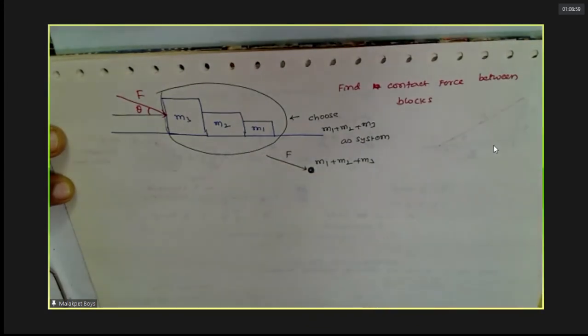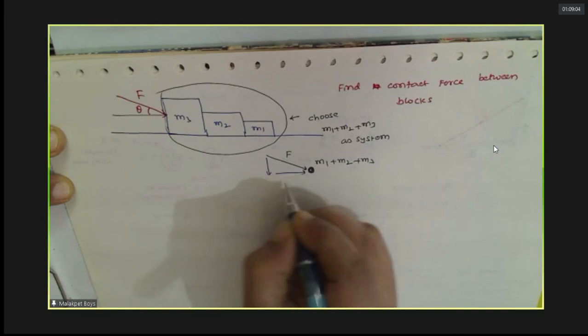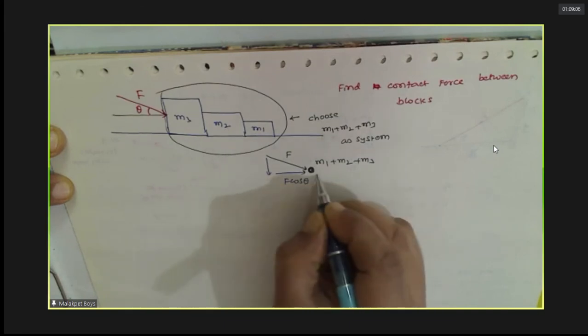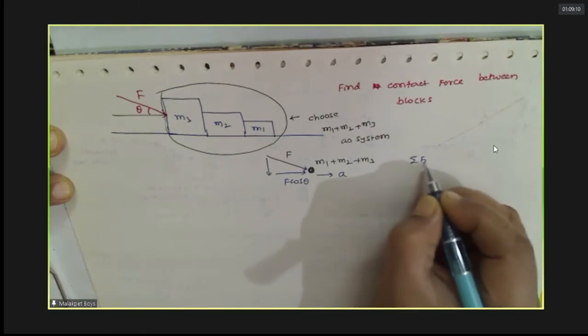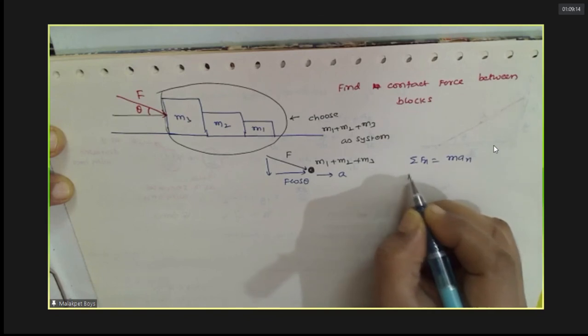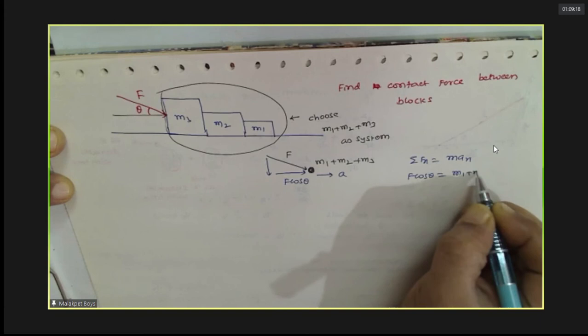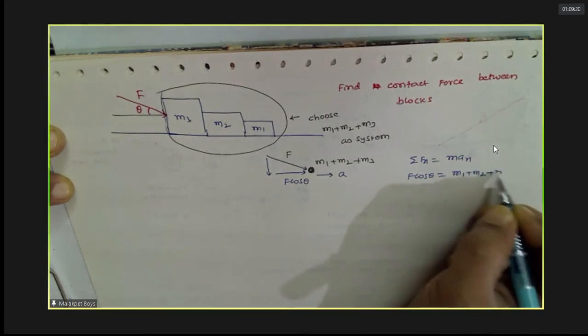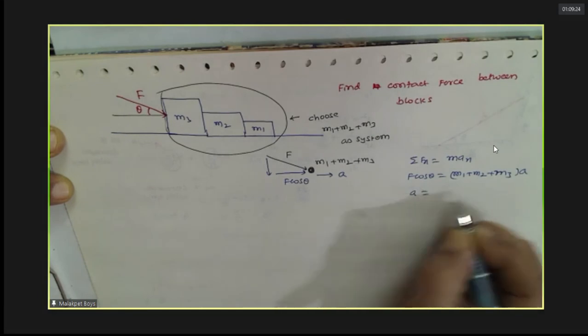Do you agree with this or not? Now in this you have two components. Here this mass accelerates like this, total mass. Therefore sigma Fx. So A you got now as before.